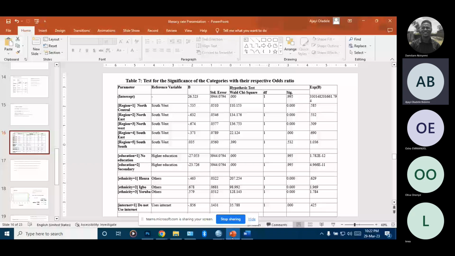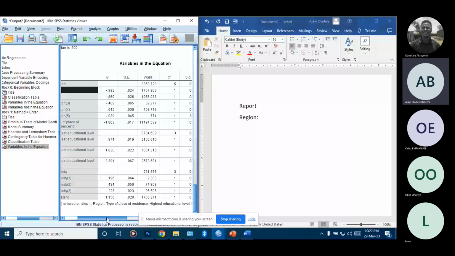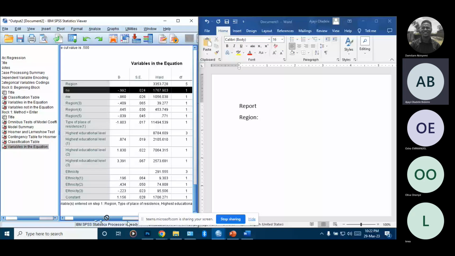Now, for the first row, for region, the first region here is northeast. Let me be sure of how the region is arranged. North central is our reference category, so you have to note.